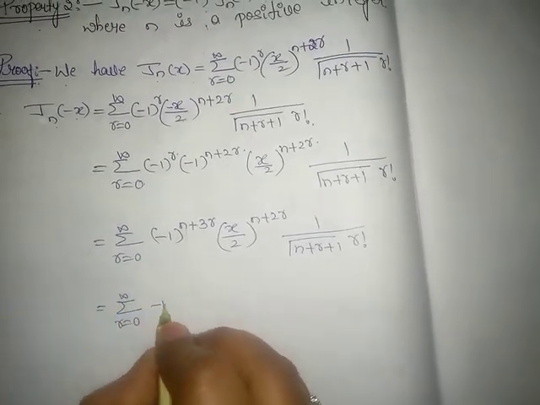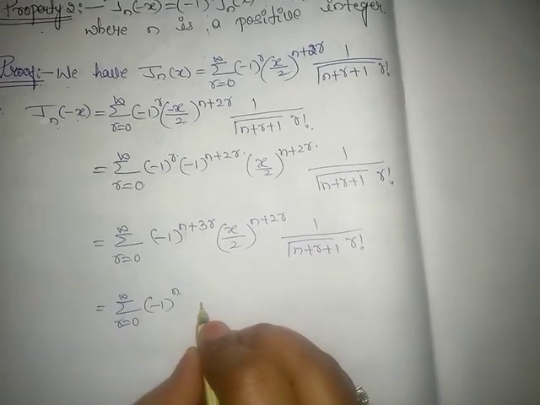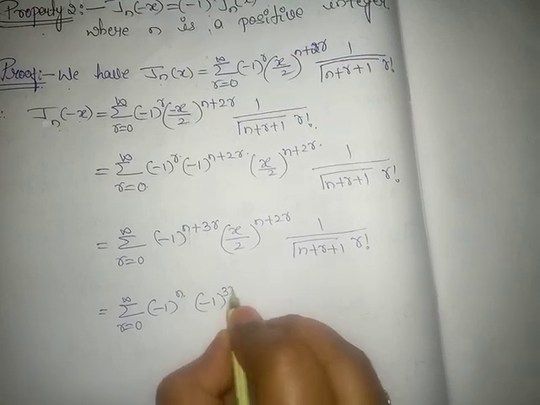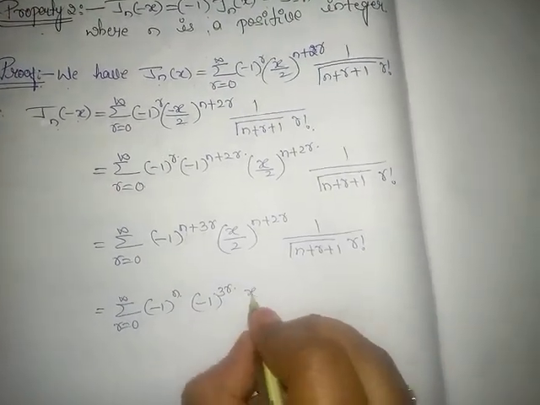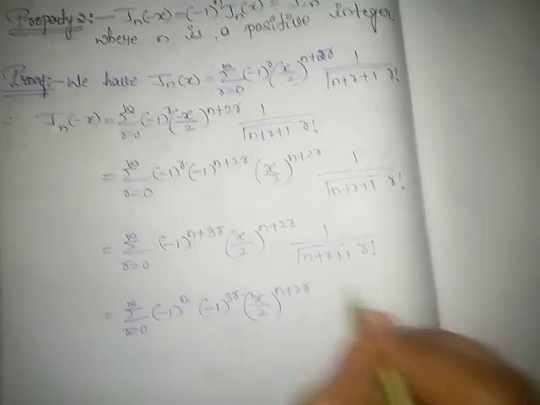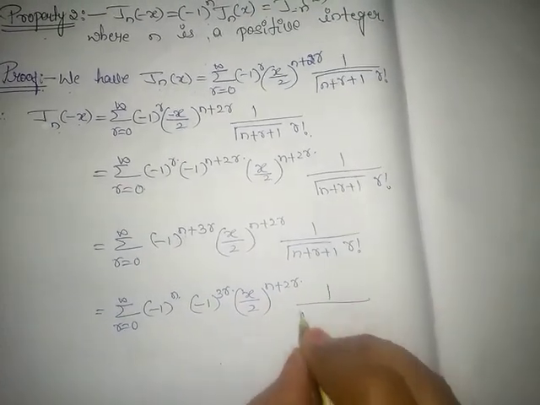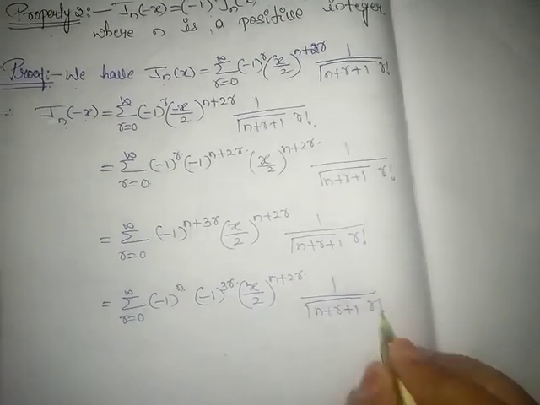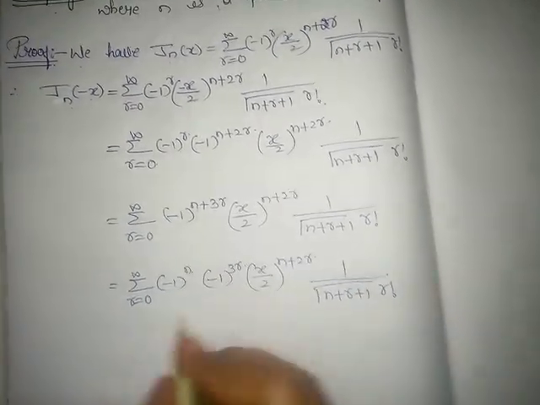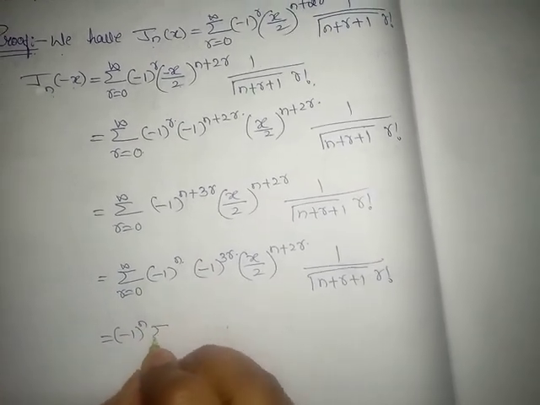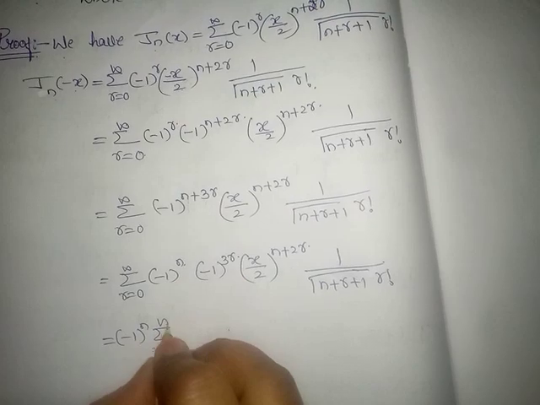First minus 1 raised to n, and this can be written as minus 1 raised to 3r into x by 2 raised to n plus 2r into 1 divided by gamma of n plus r plus 1 into r factorial, which is equal to minus 1 raised to n summation r running from 0 to infinity.